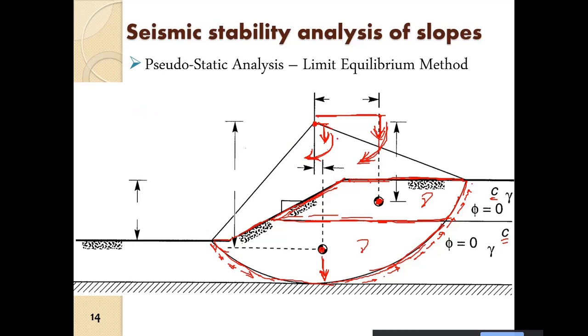So radius is the lever arm, and at unit length we can consider C to be acting tangential to the slip surface, and then we can sum up the cohesive component. The moment due to the cohesion, MC, is the stabilizing moment, and the moment due to the weight of the wedges is the destabilizing moment. Ultimately we will have a factor of safety against rotational stability. So this is the rotational stability.